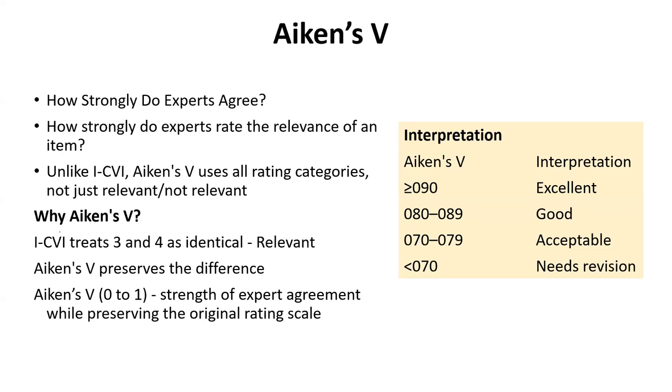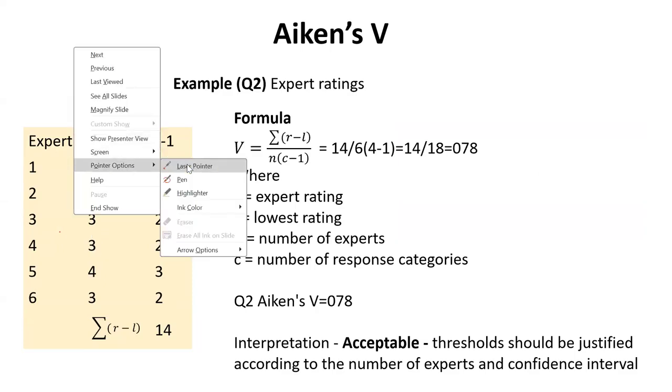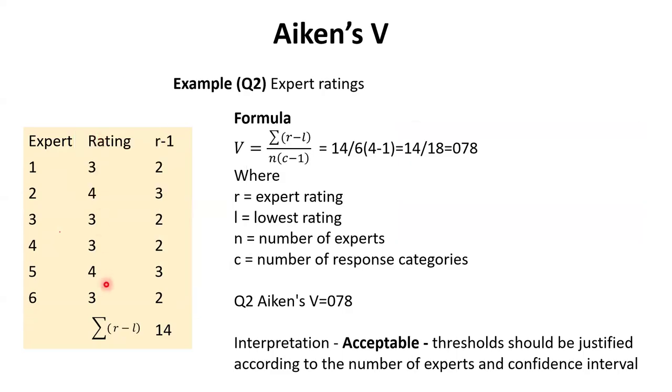And then there are again cutoffs to interpret the value as excellent, good, acceptable, or whether it needs any revision. So again, an example, you have a particular question and these are the ratings 3, 4, 3, 3, which are given by the experts. So you have to use this formula. You have R minus 1, meaning all of these ratings minus 1 and their summation in the numerator.